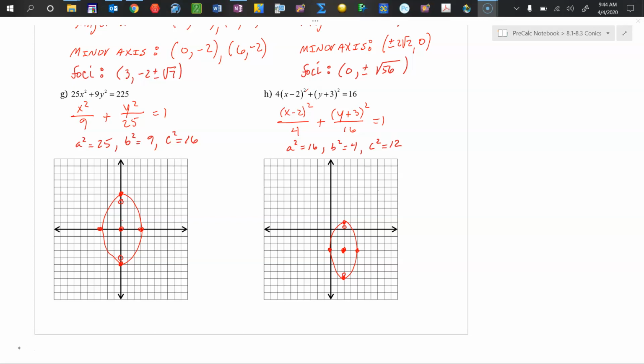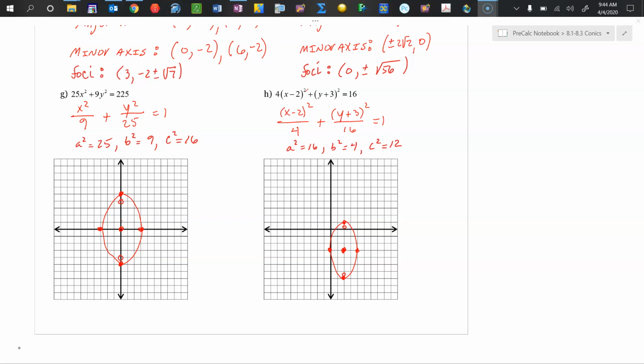It's an ellipse that's longer in the vertical direction, so we start at the center and move up and down 5 units to get the endpoints of the major axis. We move left and right 3 units to get the endpoints of the minor axis, and we move up and down from the center 4 units to get the focal points.